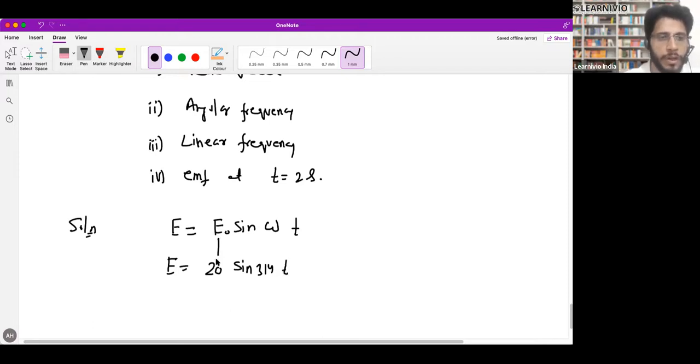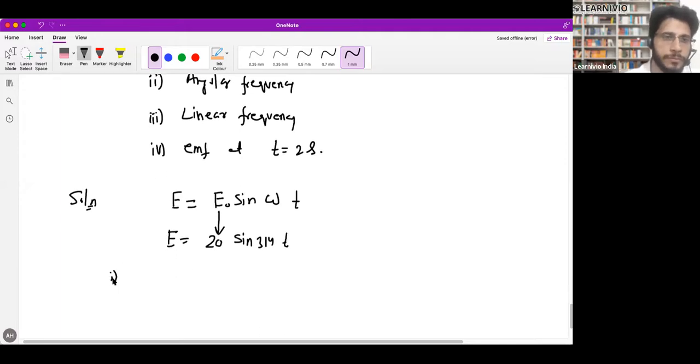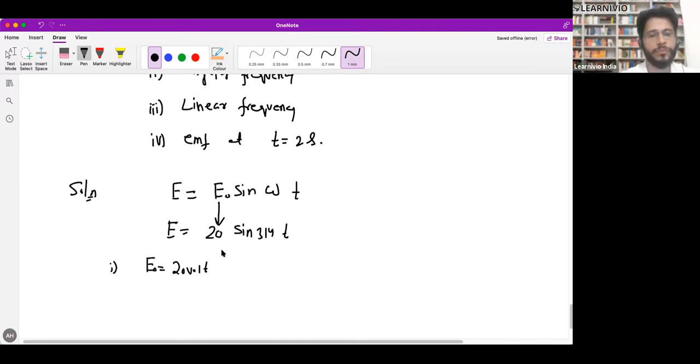Instead of E naught, what are you using? 20. So E naught is 20. Instead of omega, what are you using? Just compare. Instead of omega, you're using 314 here. So your omega is 314, angular frequency is 314.